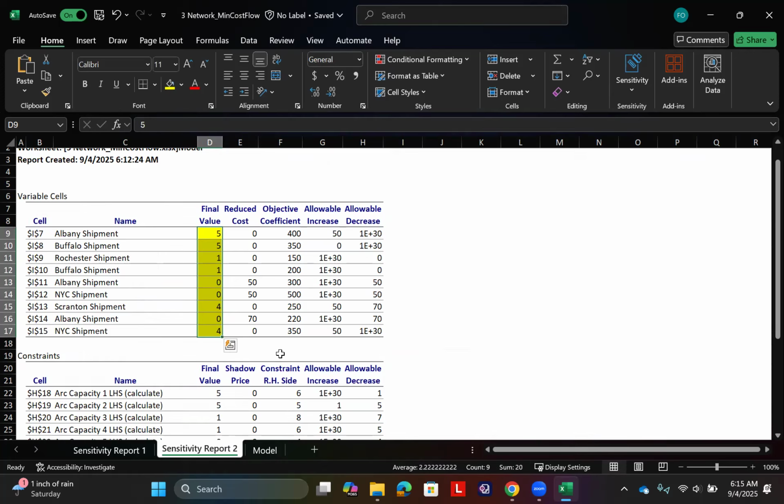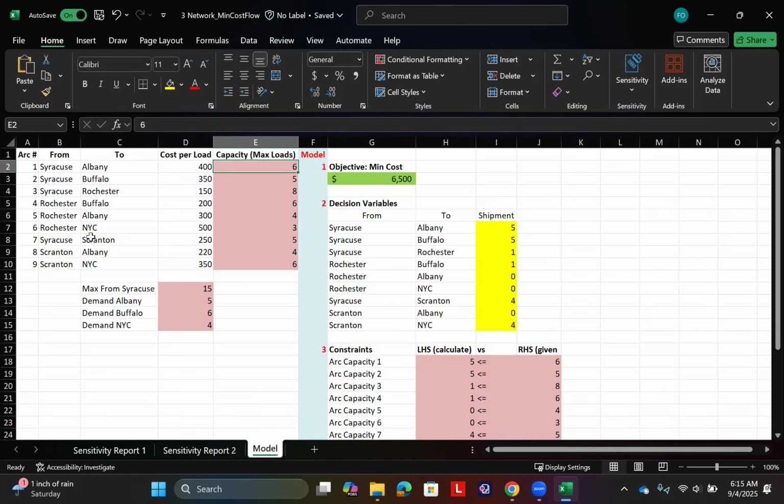Let's take a look at another example of these allowable increase decrease values. So for example here, I could increase this cost 300, which is arc number 1, 2, 3, 4, 5 by infinity. So arc number 5 is Rochester, Albany. I can increase this cost from 300 to pretty much infinity or any number in between 300 and infinity. Still, that will not change my solution.